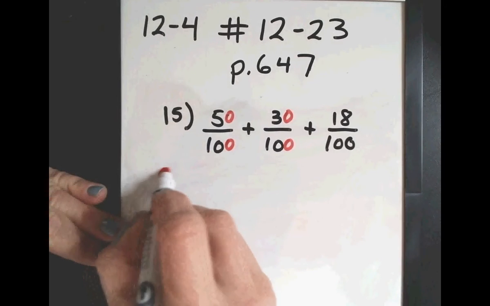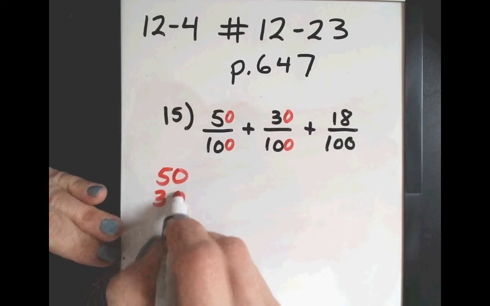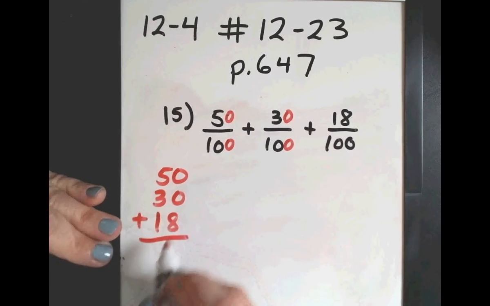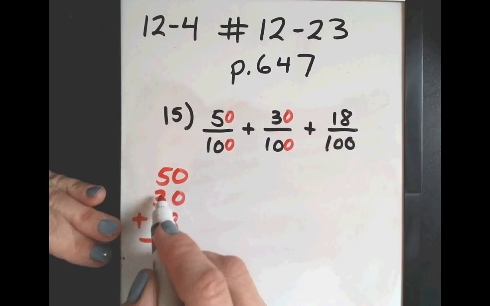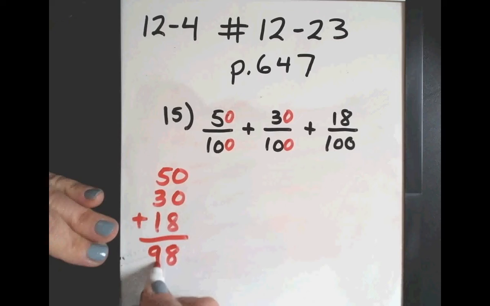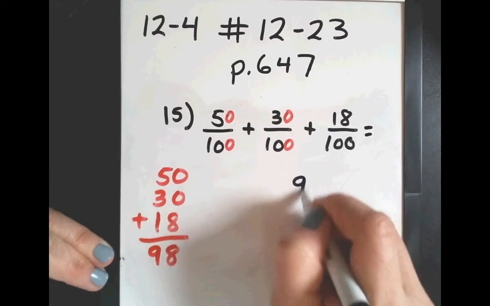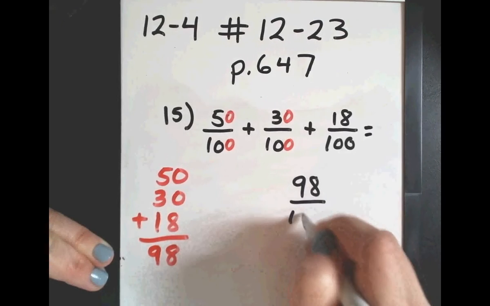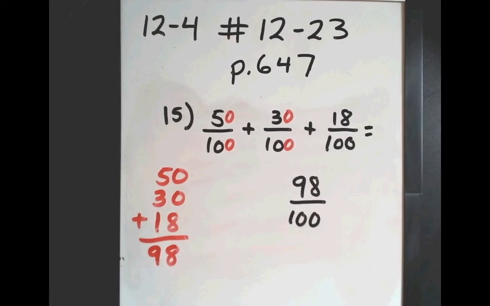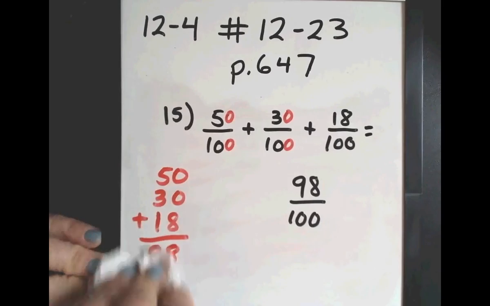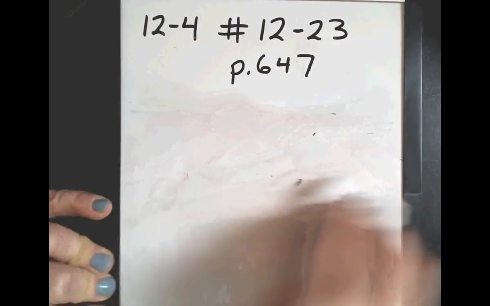So now I have 50 plus 30 plus 18. 0 plus 0 plus 8 is 8. 5 plus 3 is 8, and one more is 9. So when I add these together, I get 98/100ths, and I do not need to rename this, woohoo, because 98 is less than 100. Okay, let's go over number 16.